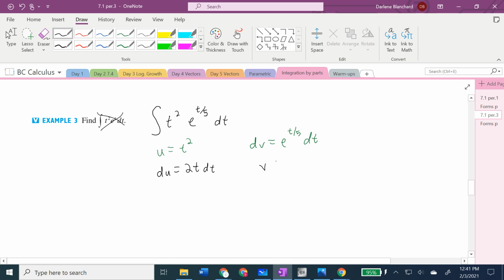Now, can you do this u substitution in your head? If u is t divided by 5, du is going to be 1/5 dt, and you will take that 1/5 and multiply it to the other side to get 5 times e to the u du.